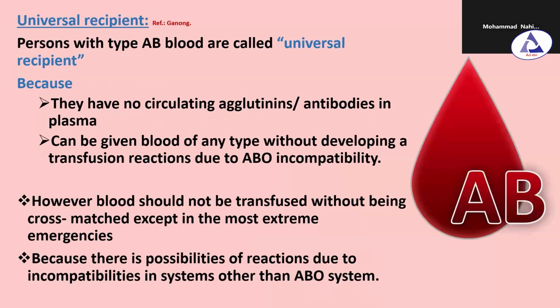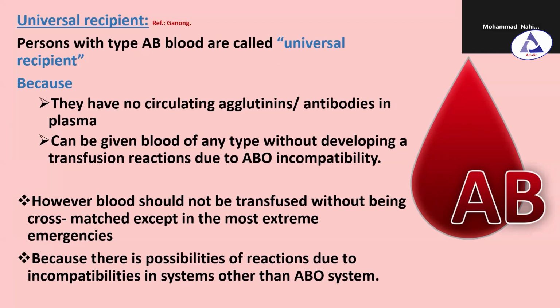incompatibility. And who are the universal recipients? Persons with type AB blood group are called universal recipients because they have no circulating agglutinins or antibodies in their plasma. According to Landsteiner's law, if there is presence of agglutinogen or antigen on the red blood cell membrane, there will be no corresponding agglutinin in their plasma.